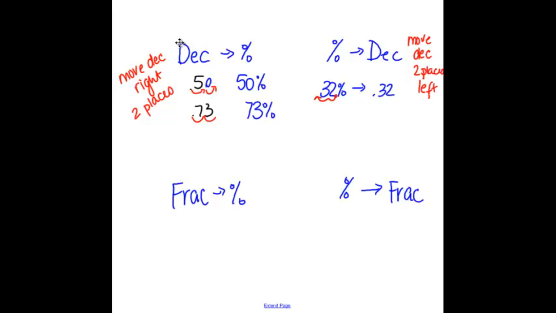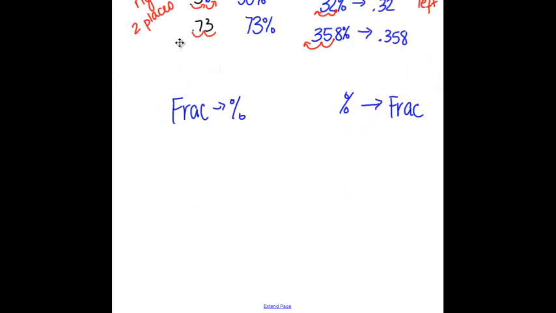So if I had 35.8%, that's going to look a little different in that it's going to have 3 places. It doesn't matter. I just follow my rule, 0.358.